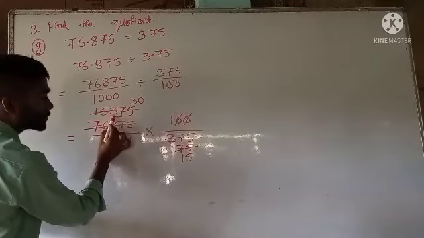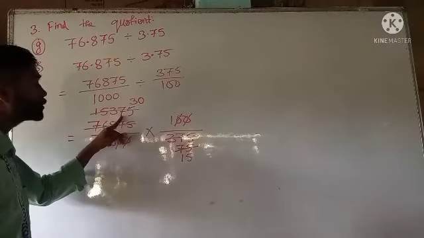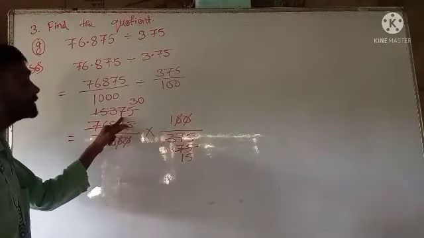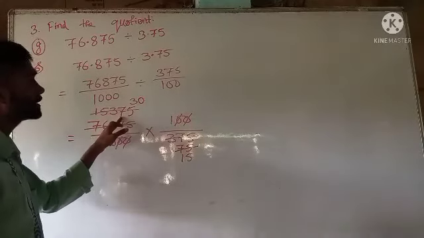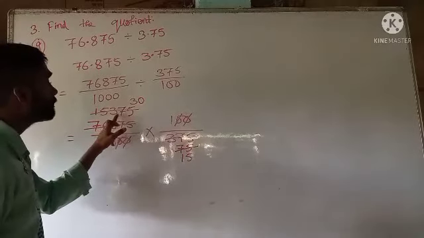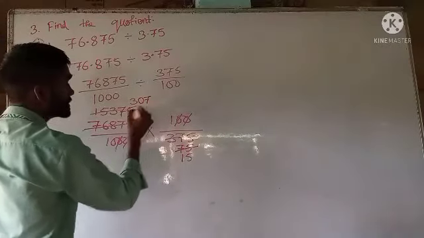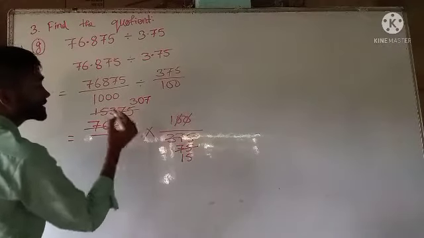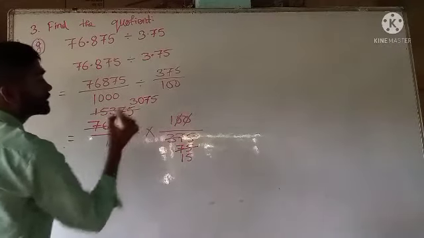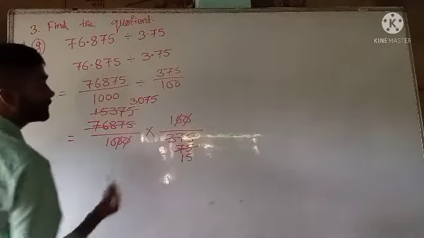Now the next number is 3, not divisible by 5, so we take 3 and 7 together, and write 0 here. So now it becomes 37. 5 7s are 35. 2 is carried to the next number, and 5 5s are 25. So we got here again 3075 and here 15.